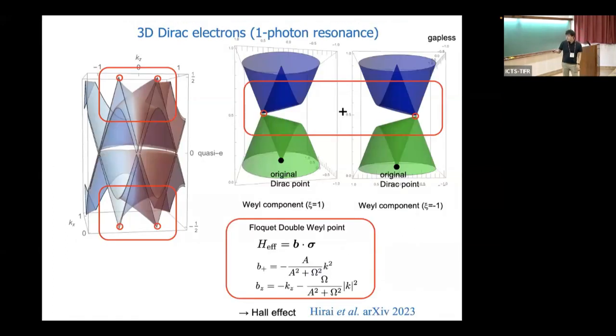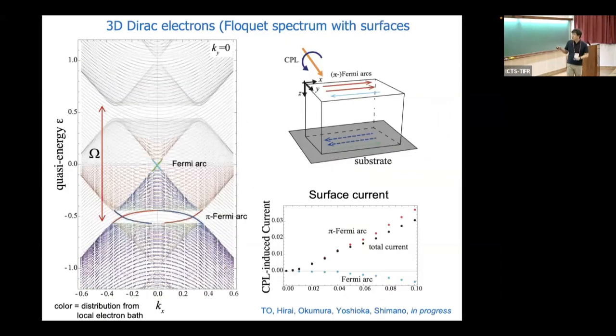So then, recently, there has been some experiment in the Shimano group trying to measure the Hall conductivity that is emergent because of these Weyl points. I won't go into the details of the experiment. Okay, since I have Weyl points, let's imagine that I have a slab geometry. So I terminate my material. This will be the upper surface, and this will be the lower surface.